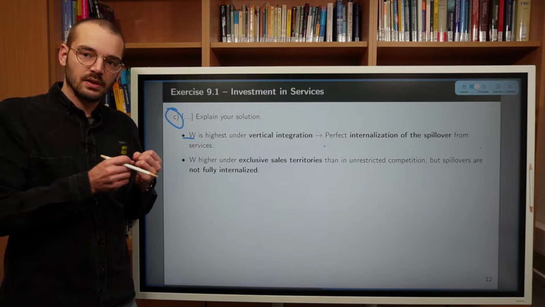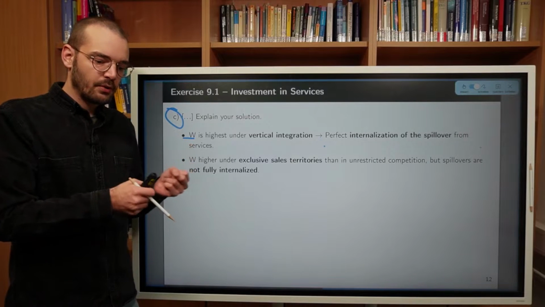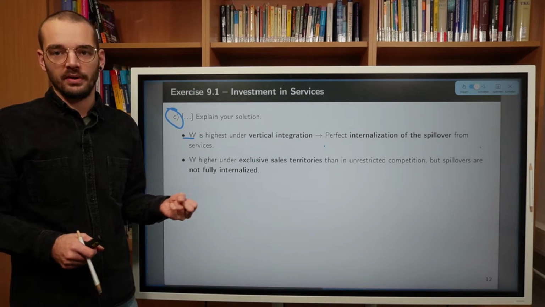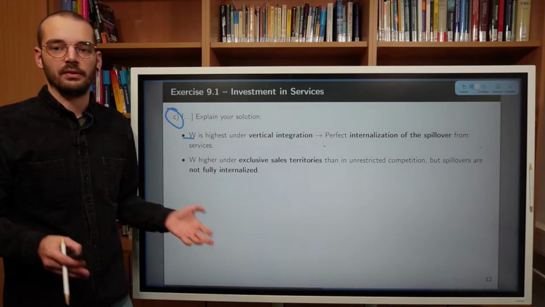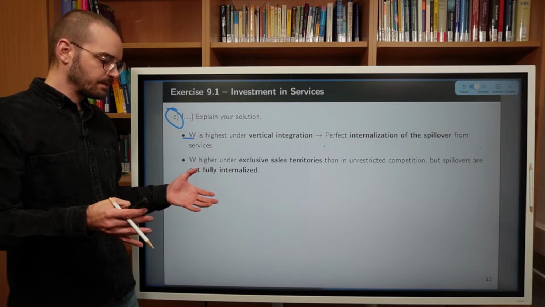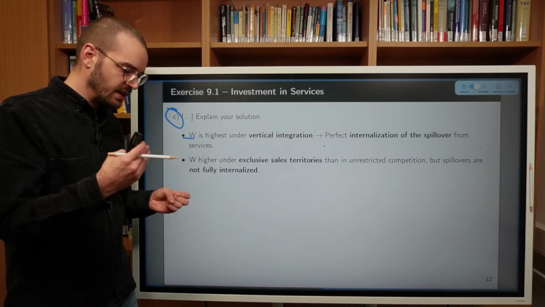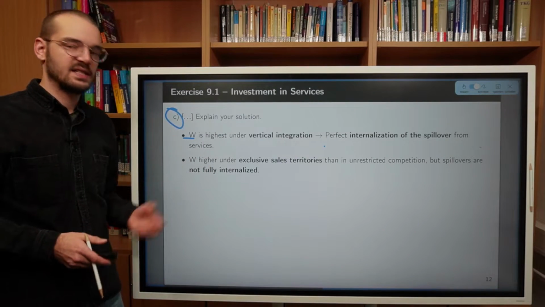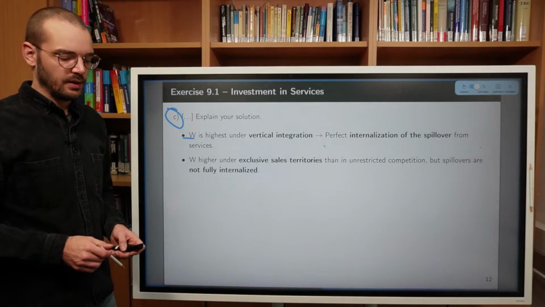Simply because both firms had exclusive territories and acted as a monopolist on their respective part of the demand function. So they internalized all the spillover effects from investing into services.